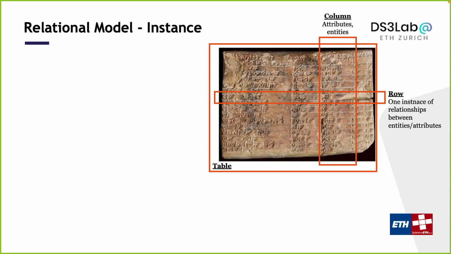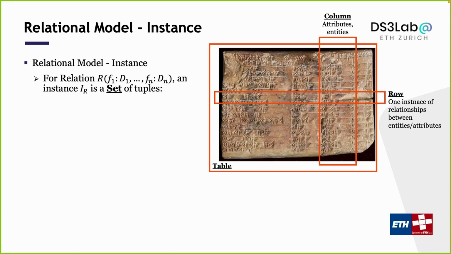Then we have the data that you can actually store within a relation, which we call an instance. For a relation R with n different attributes, an instance is a set of tuples that satisfy all those domain type constraints.